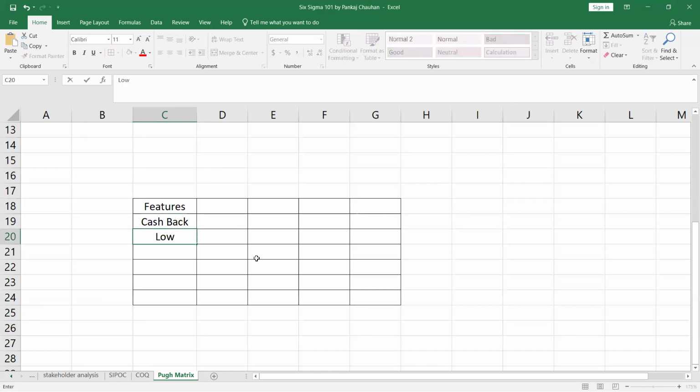You are looking for low charges. You are looking for ease of use. You are looking for security. You are looking for credit limit. You are looking for, let's say, lounge access, or many other features you will be using.